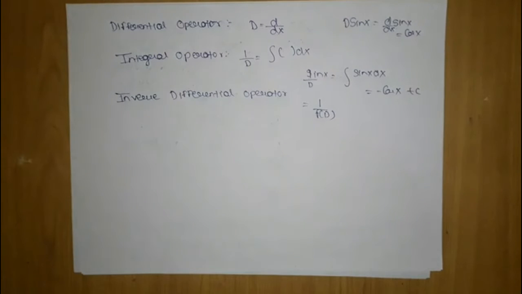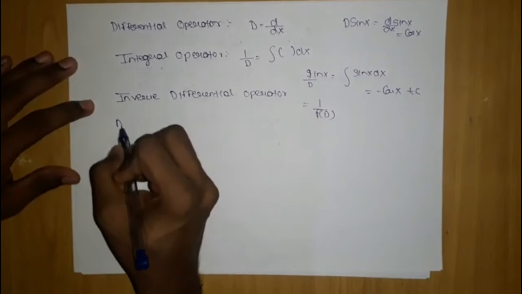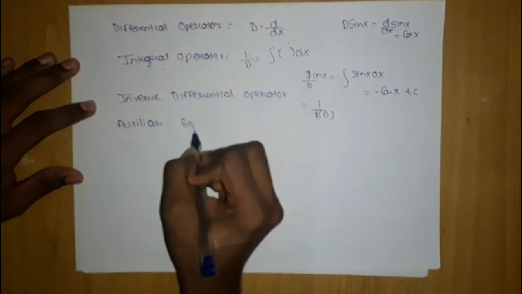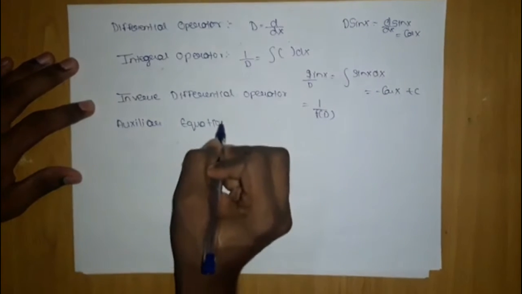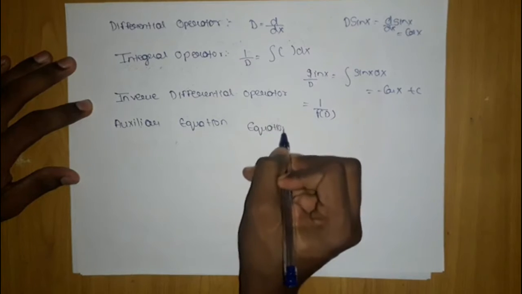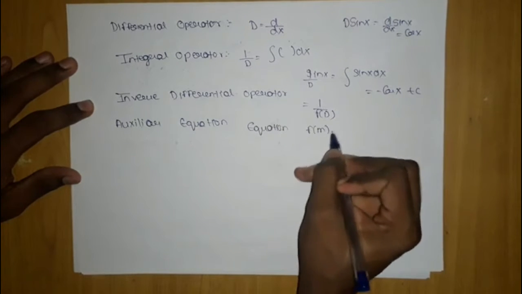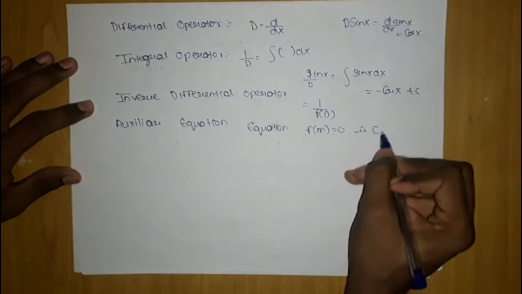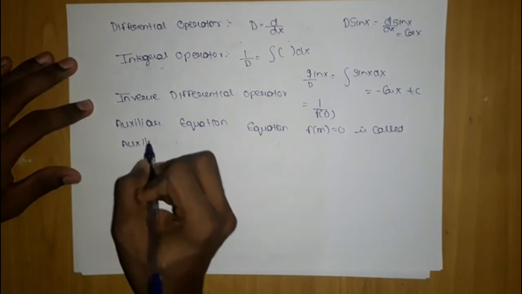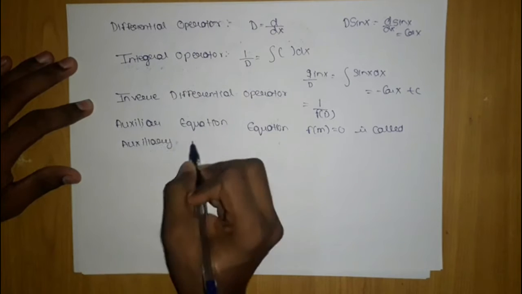Next we are going to see something called the auxiliary equation. Remember, the equation f of m equals 0 is called the auxiliary equation.